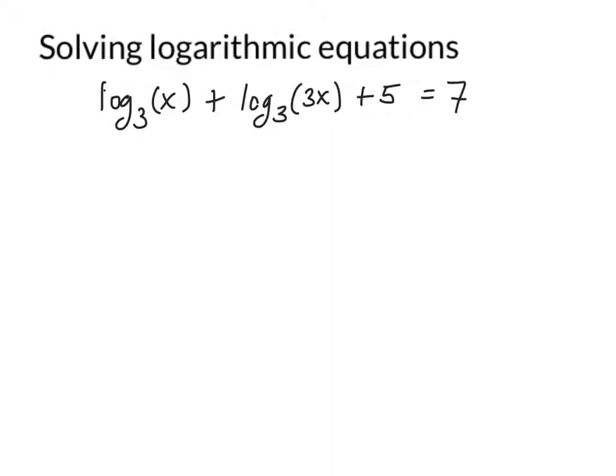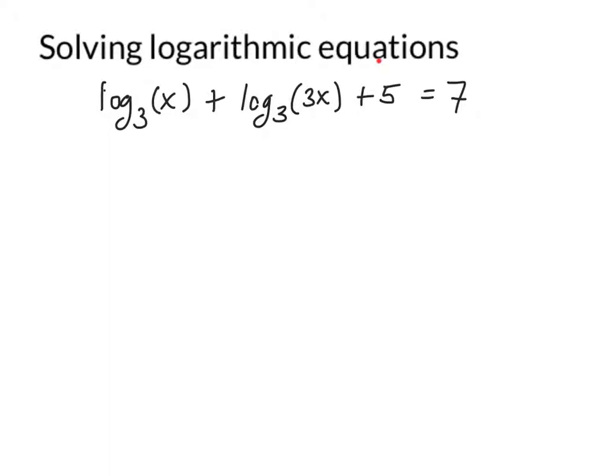And I have just a number 7 over here on the right. So again, the first step that I'm going to think about is I want to clean this up, and I'm going to try to get a single logarithm on one side of the equation, and everything else on the other side of the equation. This is nice because I already have 2 logarithms on the left.